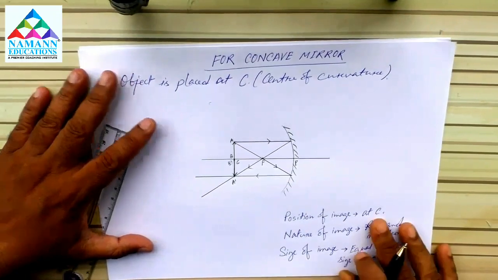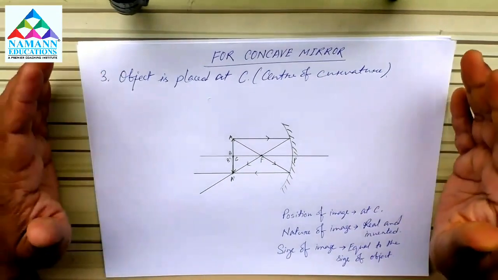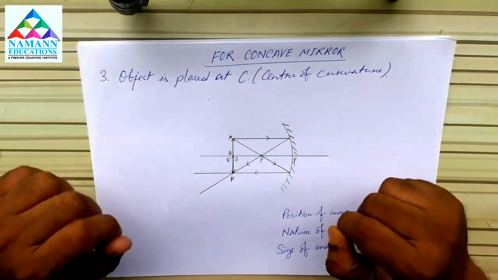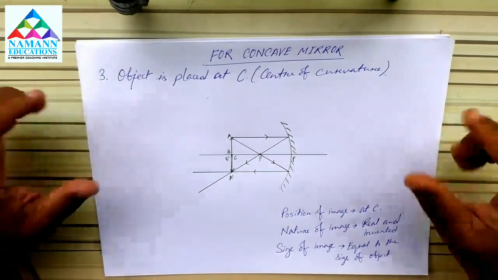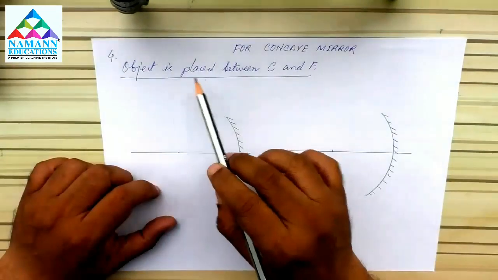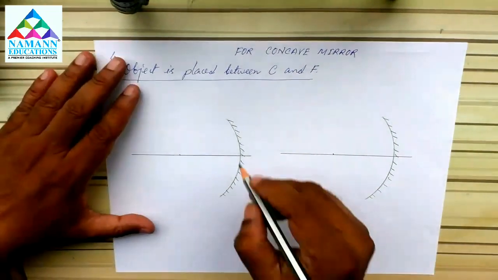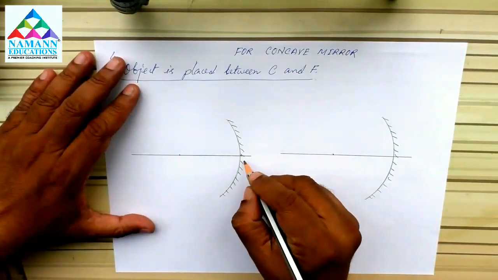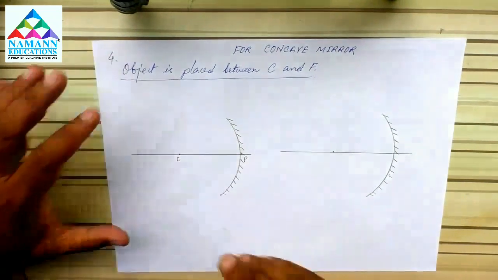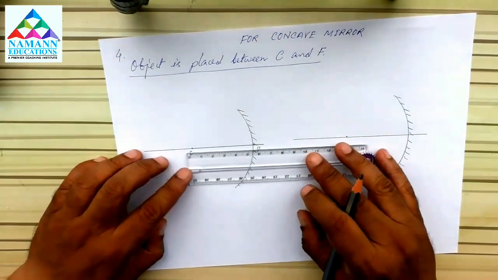I suggest you to practice this diagram 3-4 times, because I know that it is very difficult to get the image exactly at center of curvature in this particular diagram. Now, object is placed between C and F. So here we can mark this point. This is pole, this is center of curvature, and I consider this as 5 centimeter around.